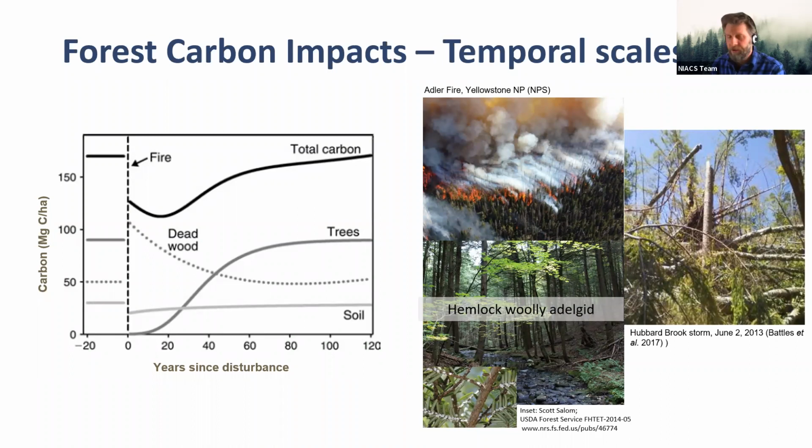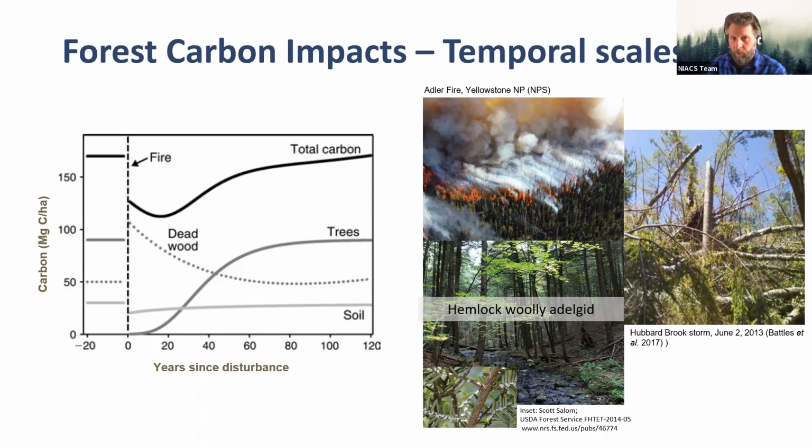I'm showing some other pictures here to represent that what would be portrayed in that graph is going to be very different for different types of disturbances. And so a windstorm such as what I'm showing here that took place at Hubbard Brook is going to look very different. That carbon doesn't immediately disappear. It just gets transferred from live trees into dead wood.